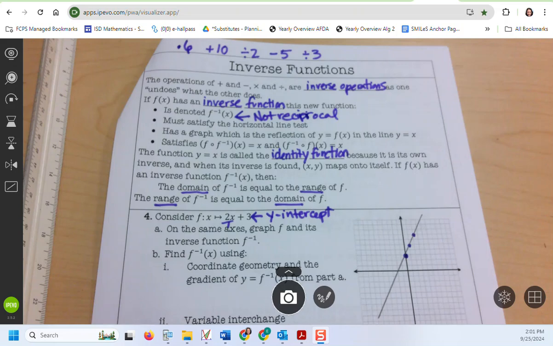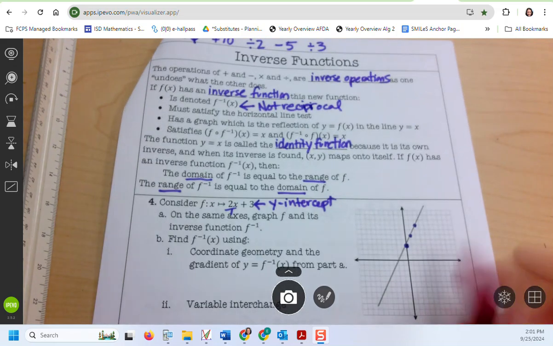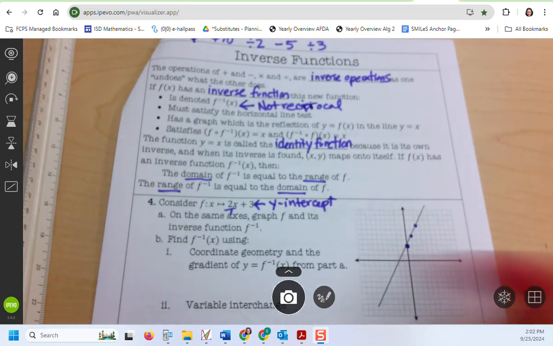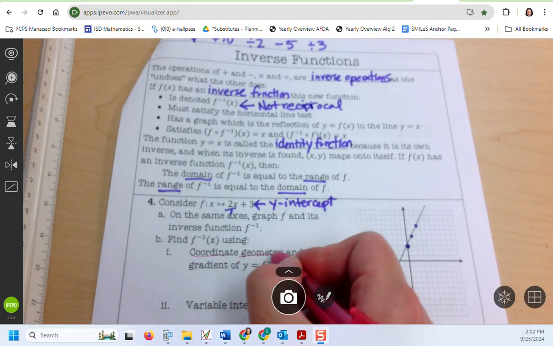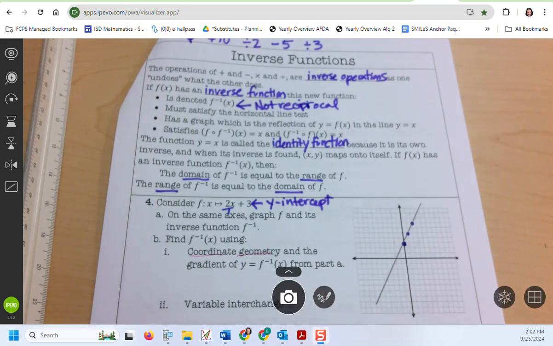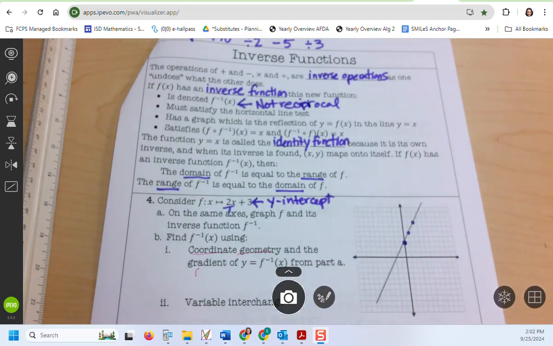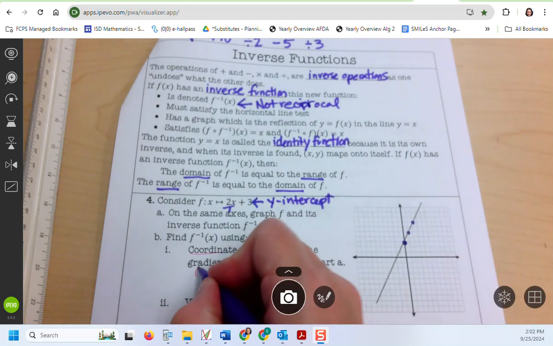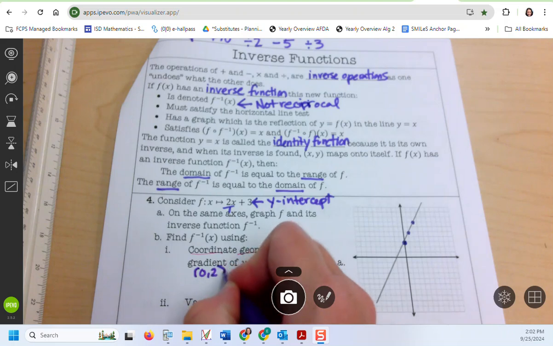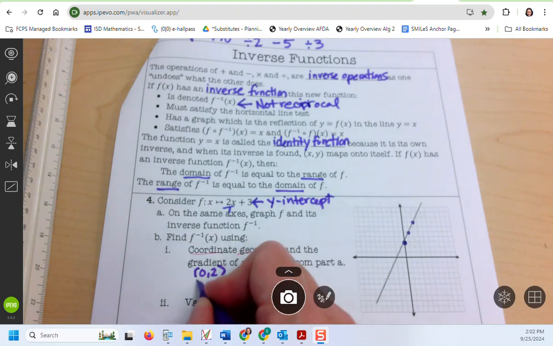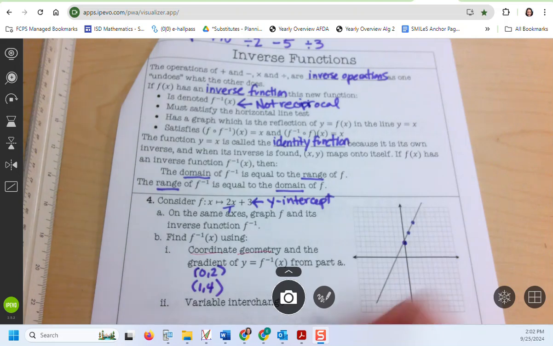Faster we get this done, the faster we get to the restroom, okay? All right. Using coordinate geometry, the inverse is going to switch the x and y. So these points are, I'm sorry, you can't read that one. 0, 2, 1, 4, and 2, 6.